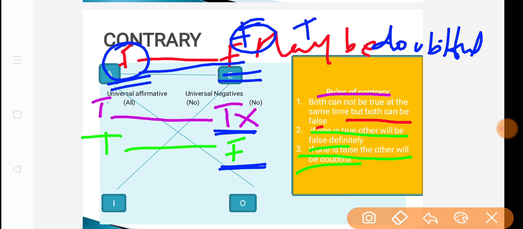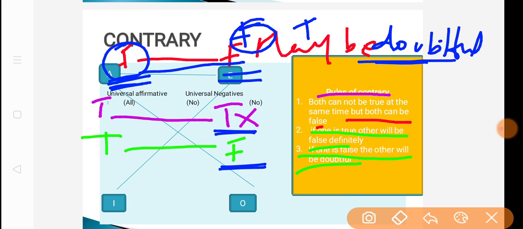So if we know that one statement among these is false, we cannot predict the other statement because it may be true or false. So we can say that it's doubtful.